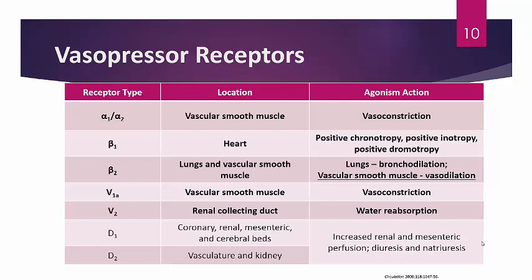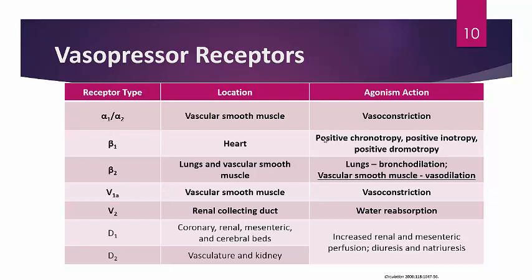We also have beta-1 receptors, which are primarily found on the heart, and beta-2 receptors, which are primarily found on the lungs. And the way to remember these is that beta-1, you have one heart. Beta-2, you have two lungs. With your beta-1 receptors that are found on the heart, activating them results in positive chronotropy, positive inotropy, and positive dromotropy.